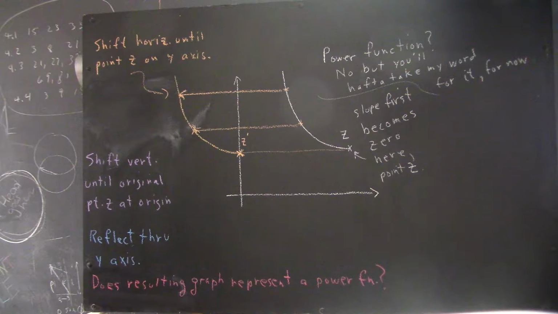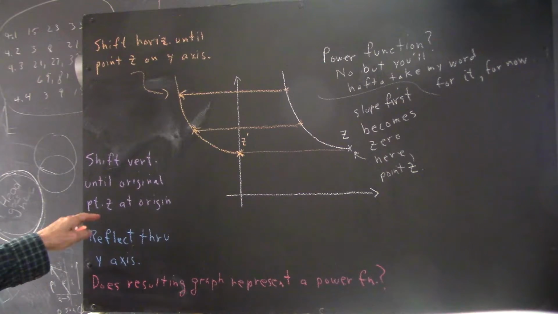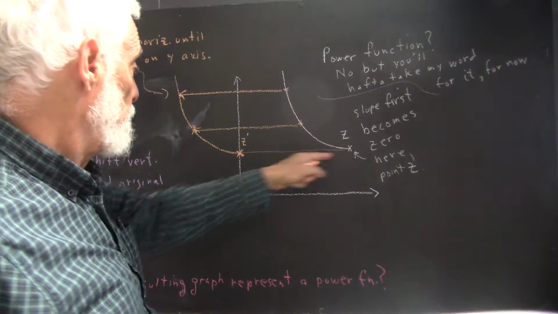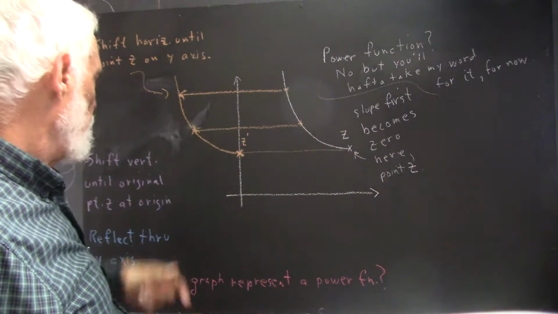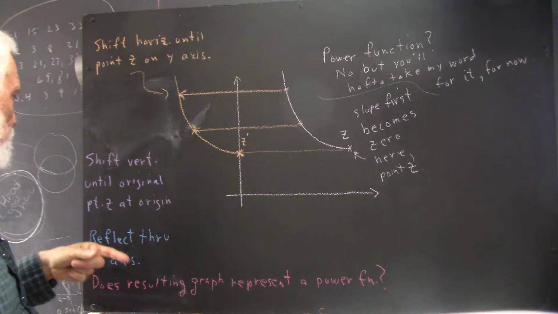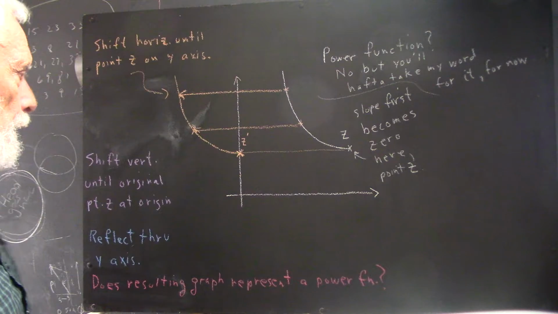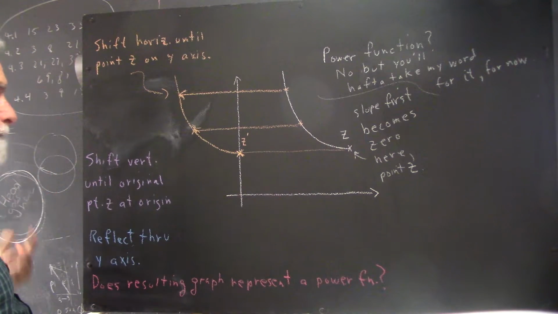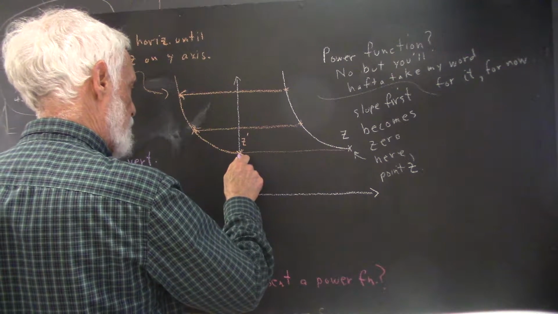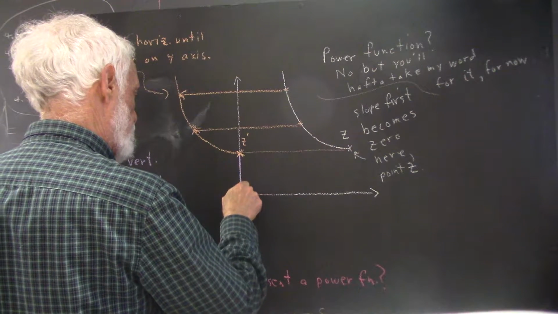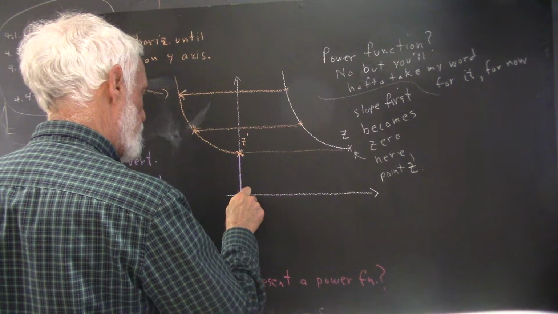Now, next thing I want to do is I want to shift the graph vertically until that original point Z, the point that we got here, it's now our point Z prime. But when I wrote out the questions, I didn't have the prime notation, and that's something I just introduced.